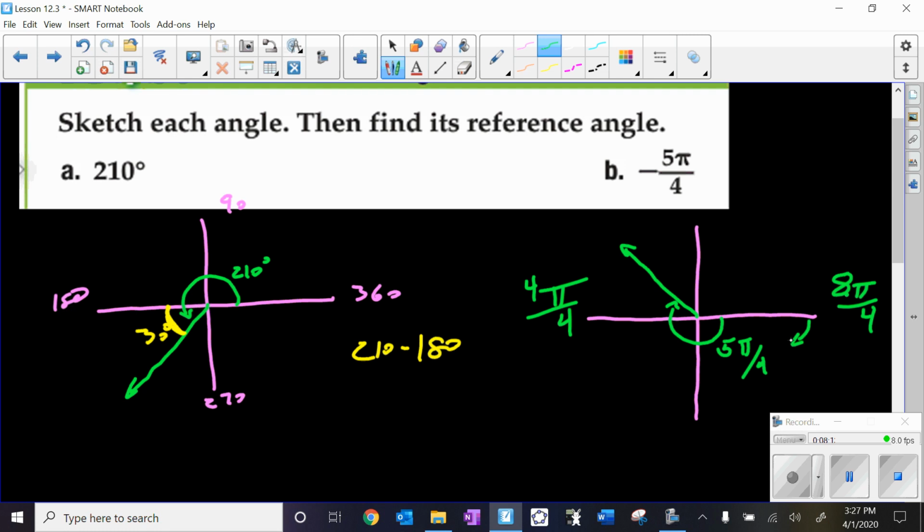There's 5 pi over 4. Again, find our reference angle. Our reference angle is with our terminal side and our x-axis. If all the way around is 5 pi over 4, but I didn't quite do that much, it looks like I need to back off 1 pi over 4. That makes my reference angle 1 pi over 4.